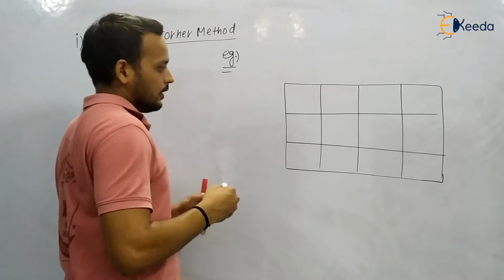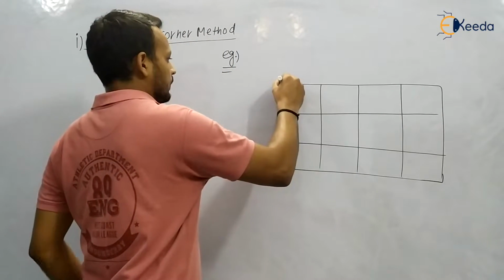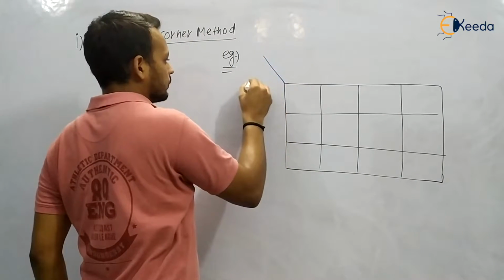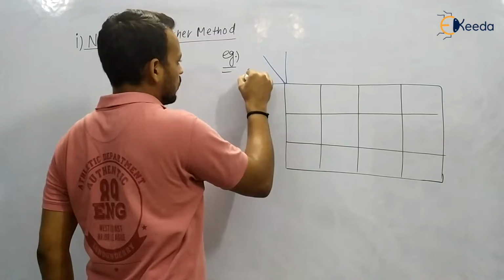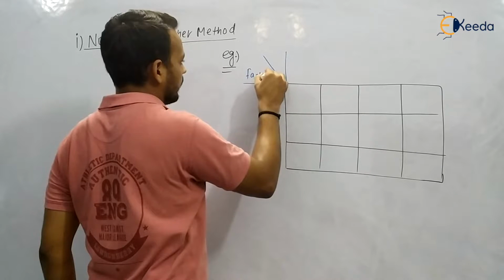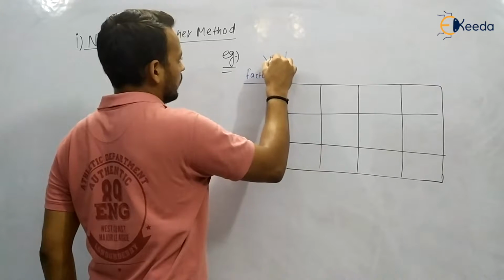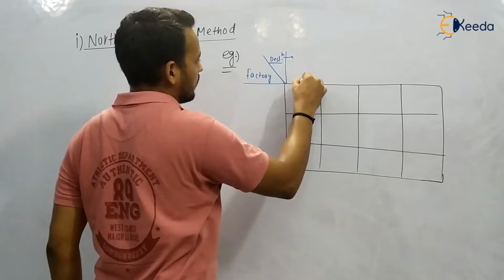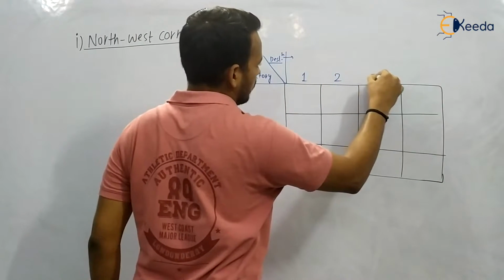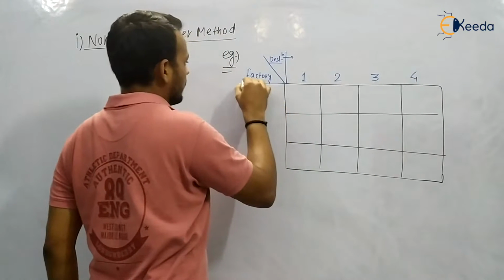So this is the cost cell matrix, and in this case you have to supply the items. You have to transport the items from the factory to the destination. This is destination number 1, destination number 2, 3 and 4, and this is our factory.